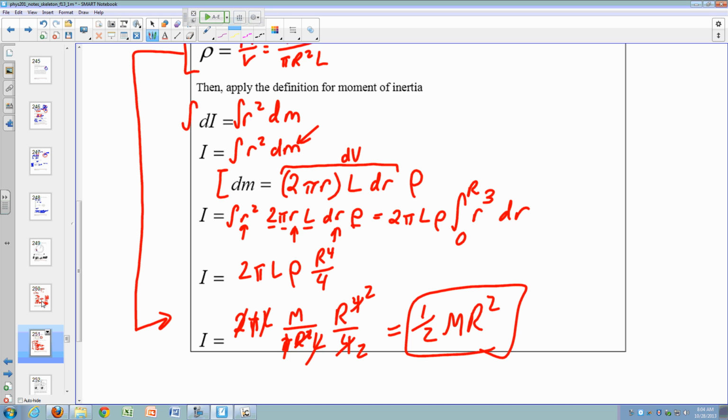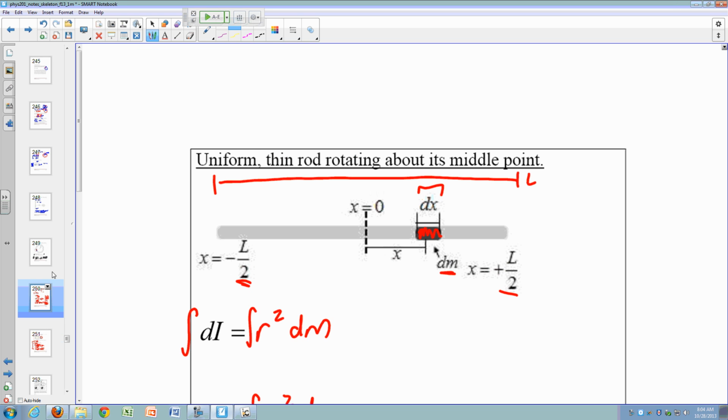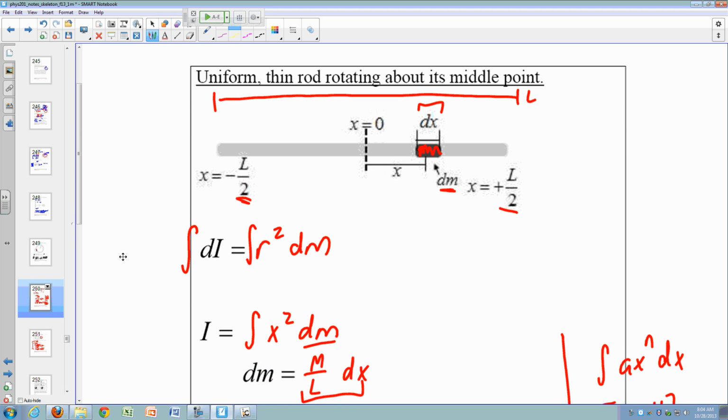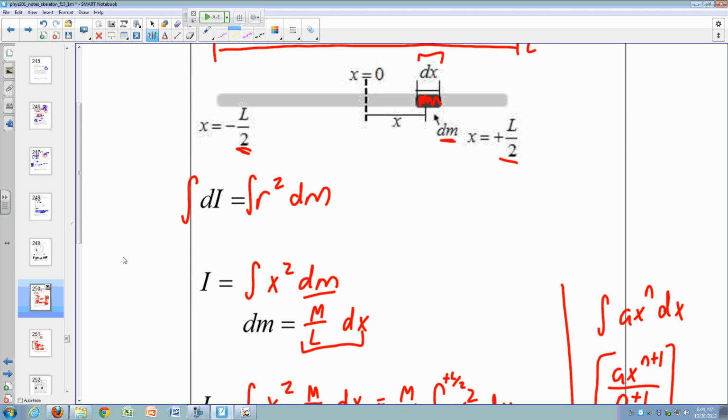Just review. So I have this uniform thin rod that's rotating about its middle. I'll already have this figured out for you, so you'll know what the limits of integration and all that are. You start with your definition of moment of inertia: I is the integral of r squared dm. In this case, our relevant variable is x, because our whole body lies along the x-axis, so it's x squared dm.